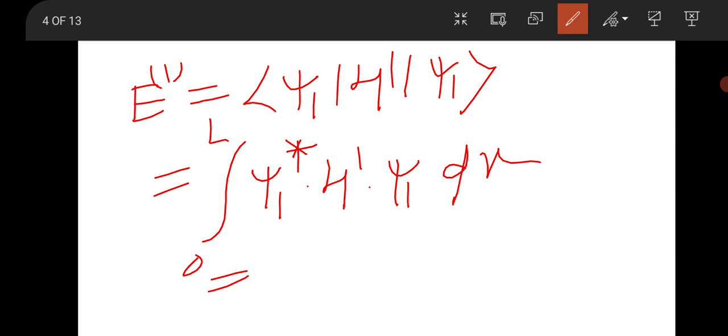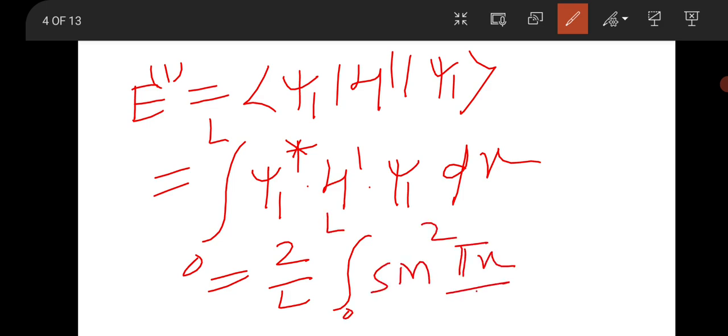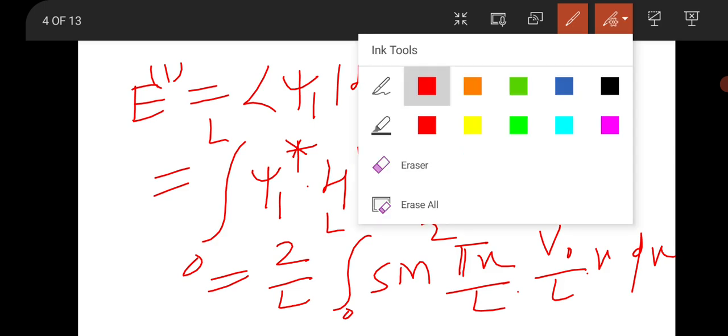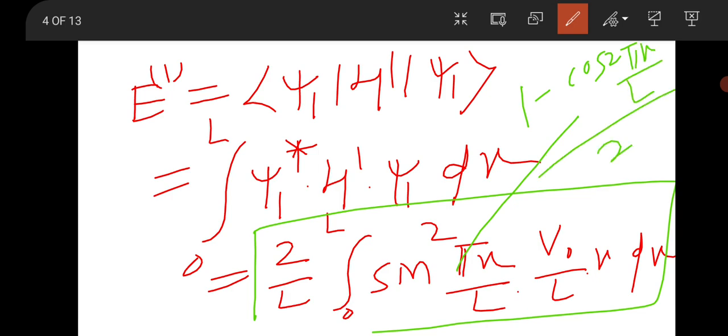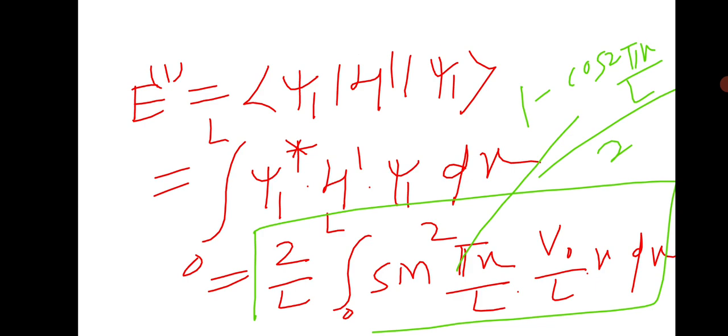As you know, psi 1 is root over 2 by L sine pi x by L. So it will be 2 by L, integral 0 to L, sine square pi x by L, times the perturbed Hamiltonian V naught by L into x, dx. You just have to solve this equation. It's very easy, because you substitute sine square pi x by L as 1 minus cos 2 pi x by L, divided by 2. Then do the integration and you will get the answer. So this is the approach to the question.